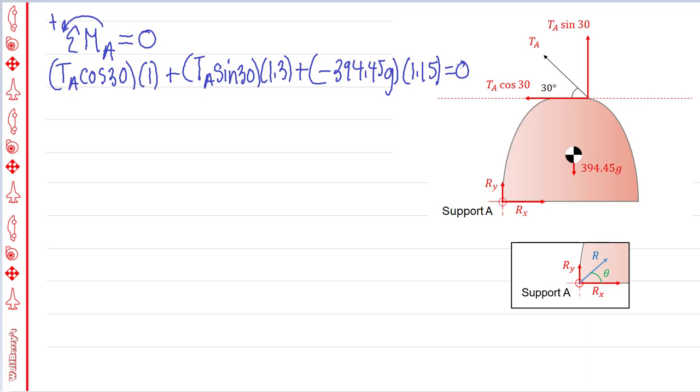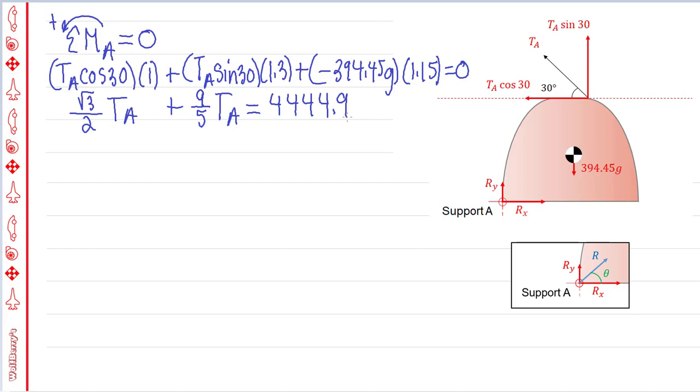Now, if we expand this, we're going to have root 3 over 2 TA, that's cosine 30 times 1 is root 3 over 2, plus sine 30 times 1.3 is 9 over 5, so 9 over 5 TA. Now let's move the last term to the other side to make it positive, is equal to 4444.9.